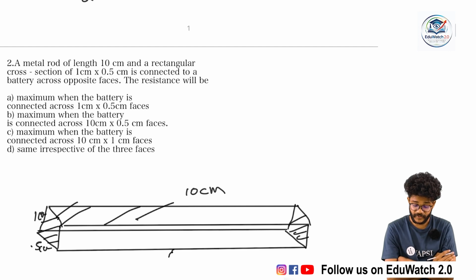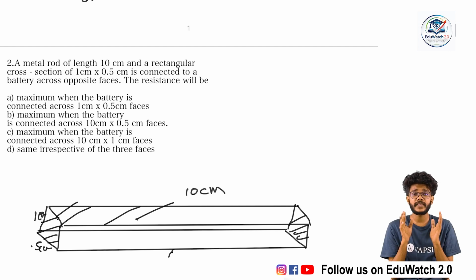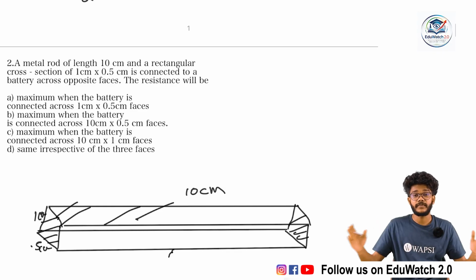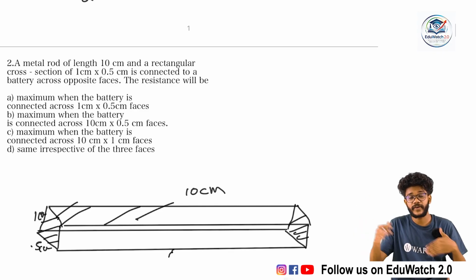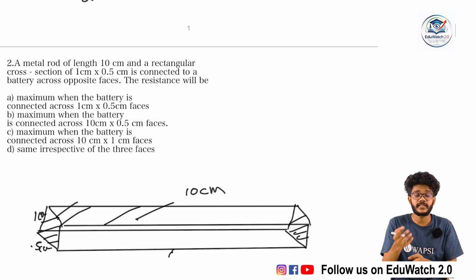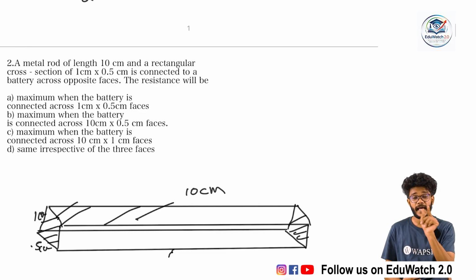We can see that the resistance increases when the length between the connections increases. When the length of the rod increases, the resistance increases, because R is equal to rho L by A. Rho is the resistivity, and the resistance is directly proportional to length.